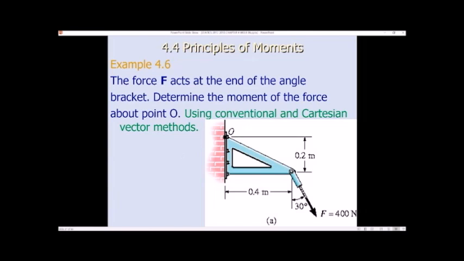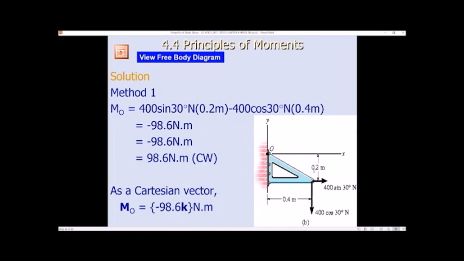If we choose the conventional method, we need to resolve the resultant force F into X and Y components, so you get 400 sine 30 Newton times the distance 0.2 meter, minus 400 cos 30 degree Newton times 0.4 meter, to get the resultant moment at point O.